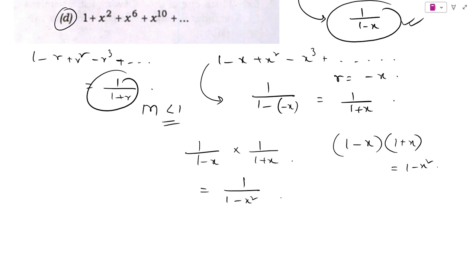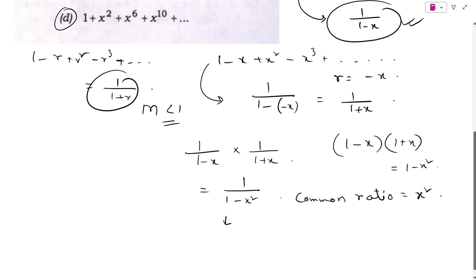So this is already the exact answer, but our options are in the series form. So we convert it back. Now, think of 1 by 1 minus x square. This is again an infinite geometric series. So here the common ratio is x square.